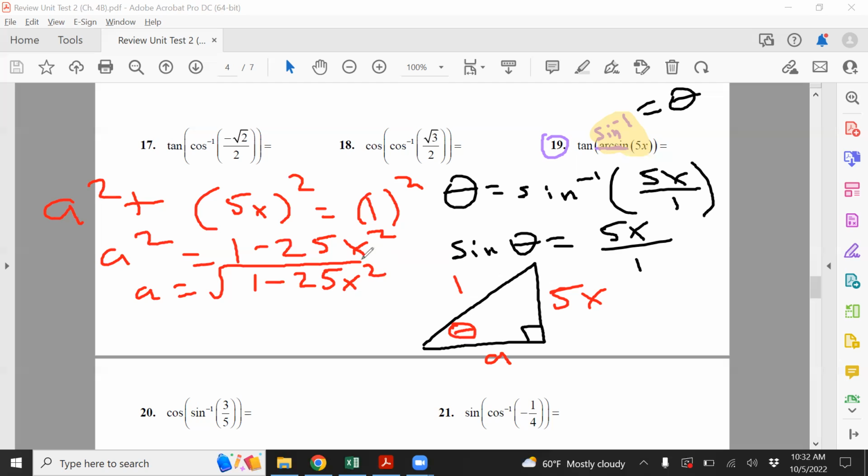And also, this whole thing's inside the square root, so it's almost like there's an invisible fraction. Wait, because like 25x squared can be simplified. No, because it's 1 minus. Oh, that's the reason why. For example, if I had the square root of 25 plus 1, can I square root the 25? No, I can't, right? I have to do 25 plus 1, then square root afterwards. You'd be bypassing the order of operations if you did that. So you don't want to do that. So anyway, that's what a is. It's the square root of 1 minus 25x squared. So the tangent is 5x over root.